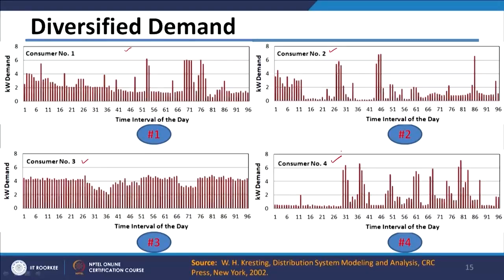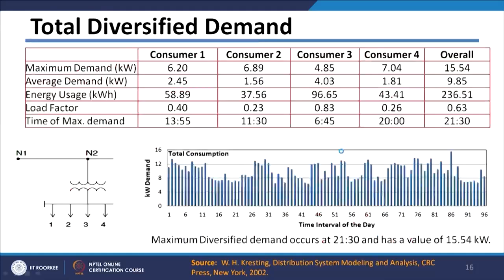If all these 4 consumers are connected to one distribution transformer, the load on the distribution transformer will be just the addition of all the 4 load curves at each instant. It will be the load curve given by this one.